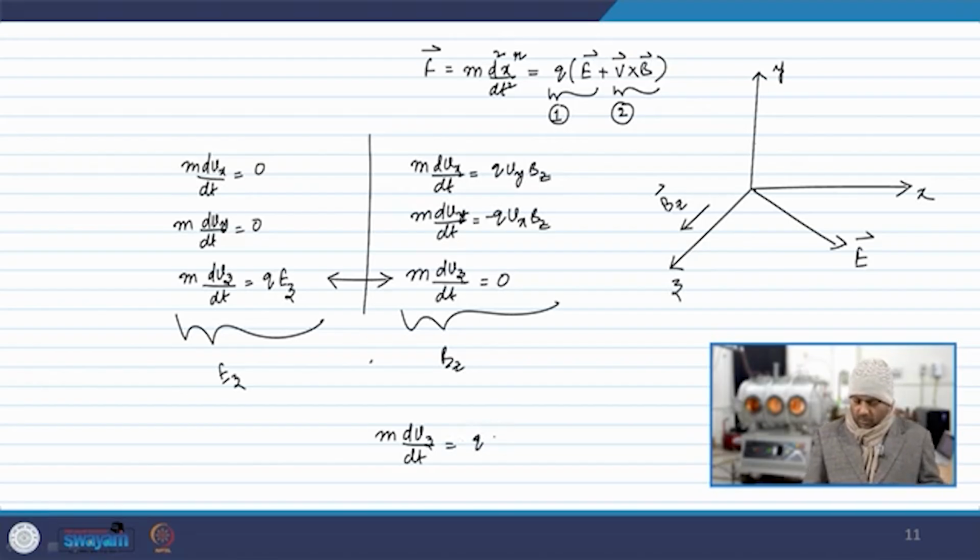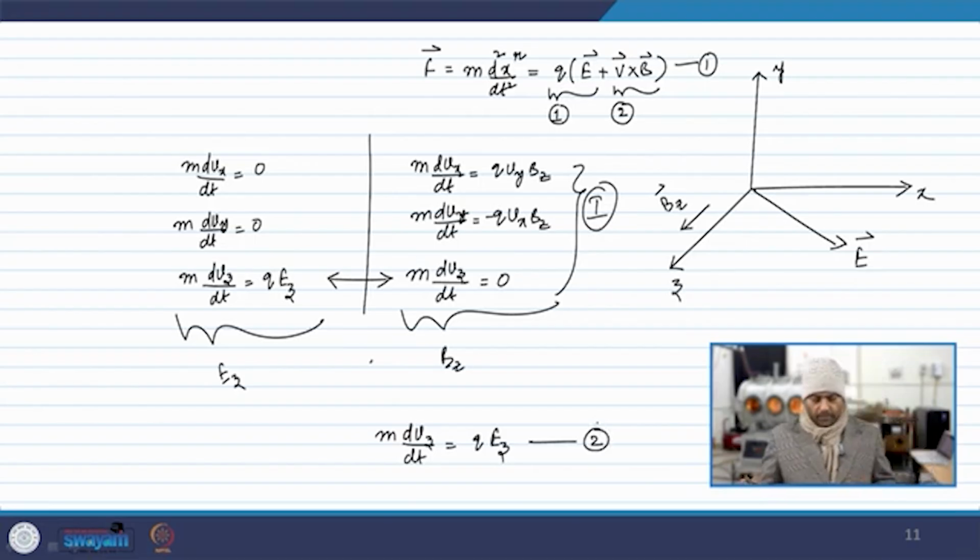So, we will write q Ez. Let us say we call this equation as Roman 1 and this as 2. What are we doing? We are trying to combine both the sets of equations for understanding the motion of the particle.